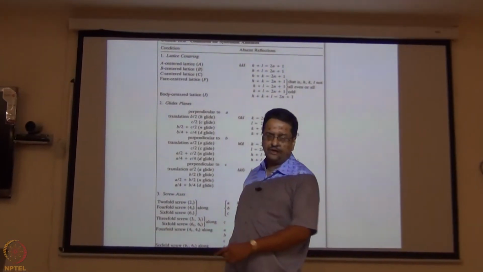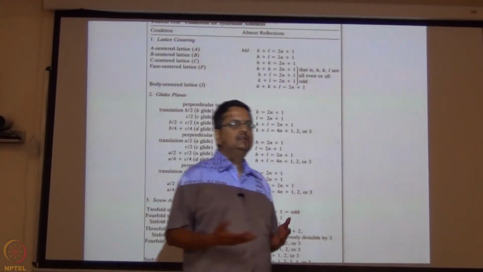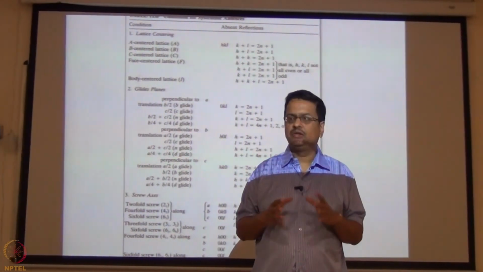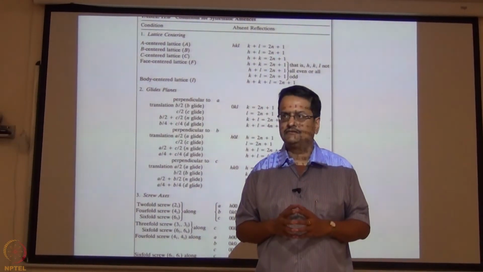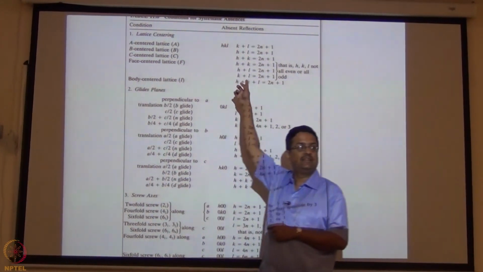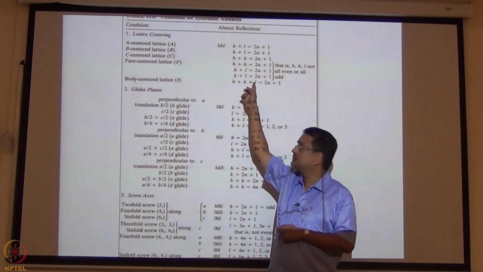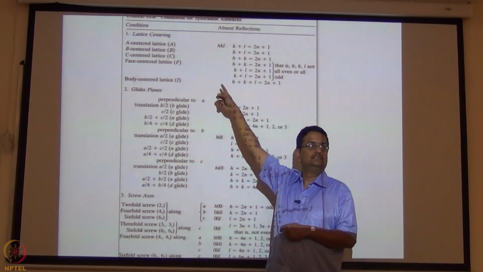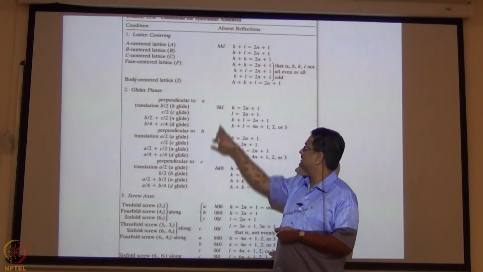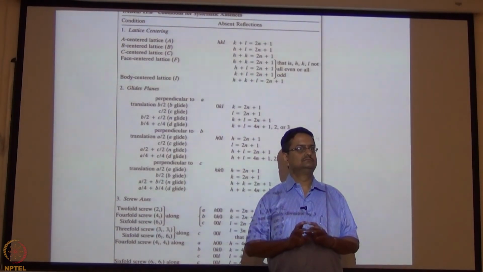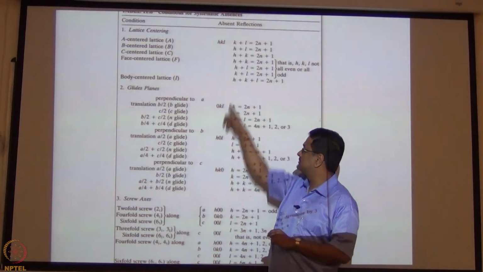And then at some point, if you have a sufficient number of reflections at the beginning of your data collection, you may be able to see some of those systematic absence conditions. Because those are applied on general reflections HKL. Those are not applied on some special types of reflections having special indices. So it is easy to observe those compared to these.